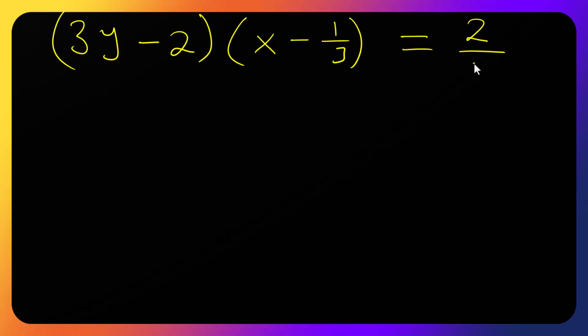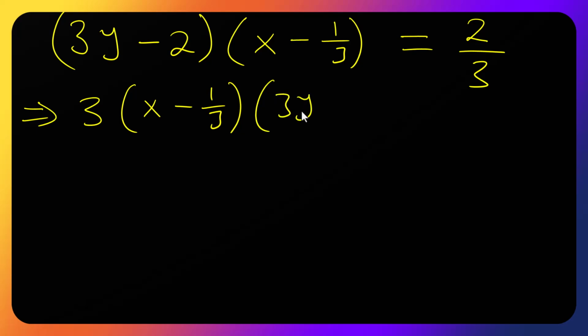We can multiply this side by this 3. Before that, I would like to get rid of the fraction. So I will let this one affect this one. So the same as 3 times x minus 1 over 3, times 3y minus 2 equals to 2. So let's expand.